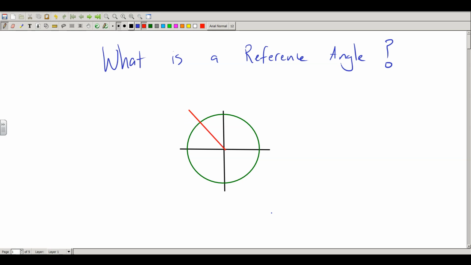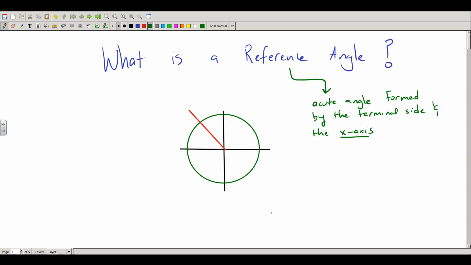The reference angle is always going to be the acute angle that is formed by that terminal side that we just drew and the x-axis.